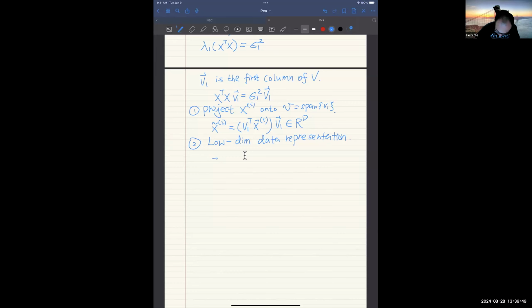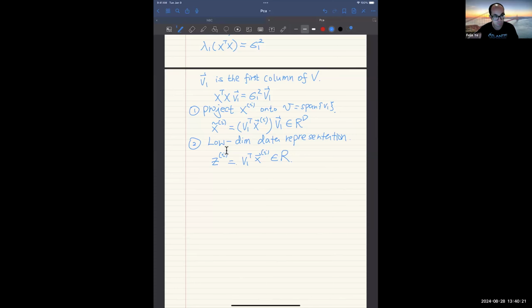So that will be my Z of i. Just simply take the weight, so this will be V1 transpose X of i. In this case, it will be just a scalar. In this way, we project from very high dimension D onto just a one dimensional representation.